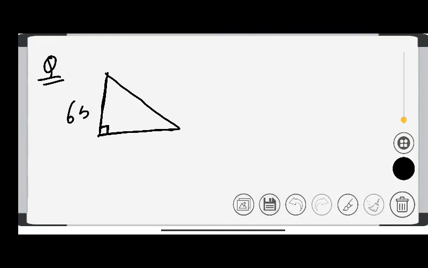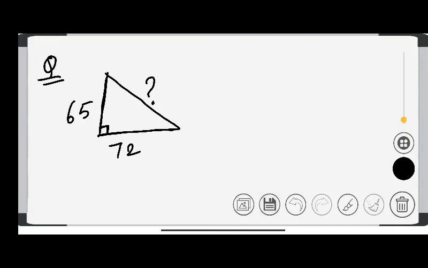More examples. I gave you a right angle triangle with 90 degrees and perpendicular as 65, base 72, and what is this? Could you find this?